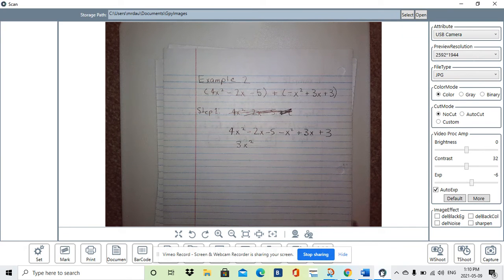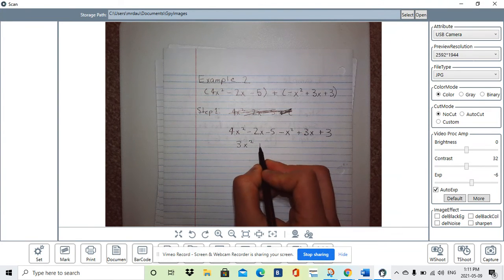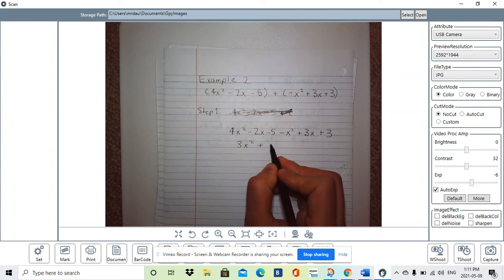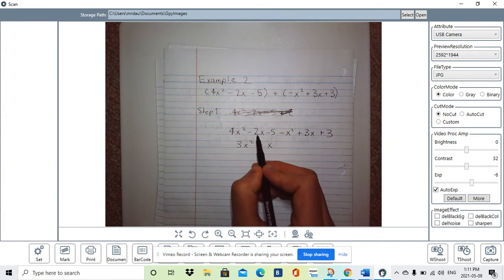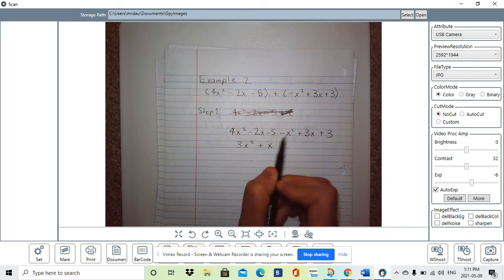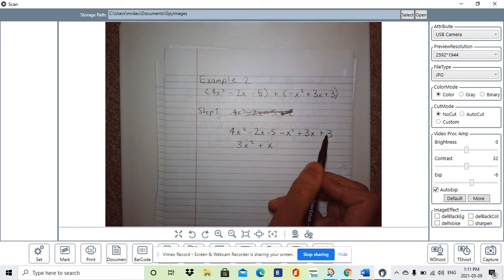Okay? So if minus 2x and 3x are like terms, we add the coefficients together: negative 2 plus 3 is equal to 1. And then obviously we have to add the variable, so it's just going to be x. That's the sum of negative 2x plus 3x. And then finally, we have negative 5 plus 3.